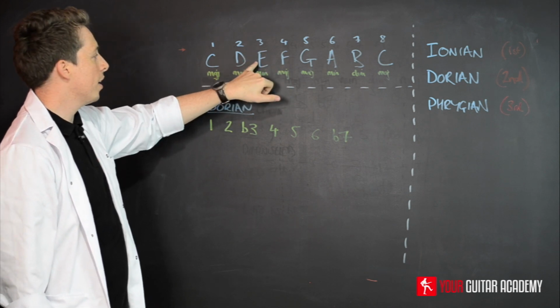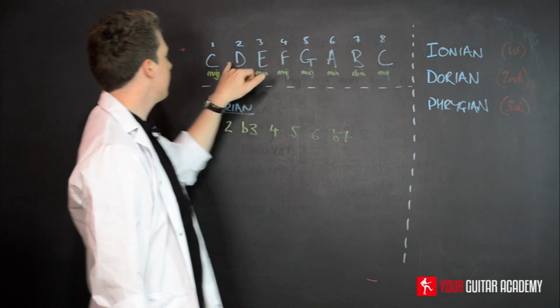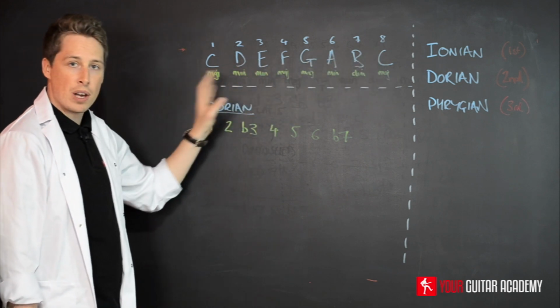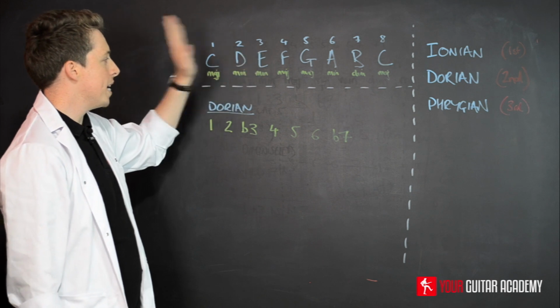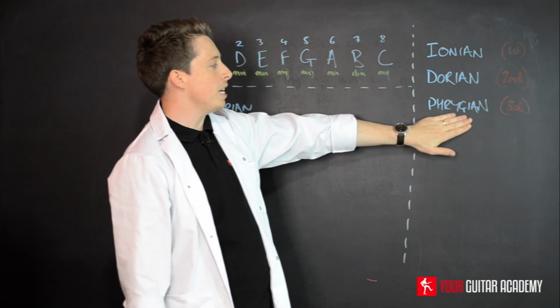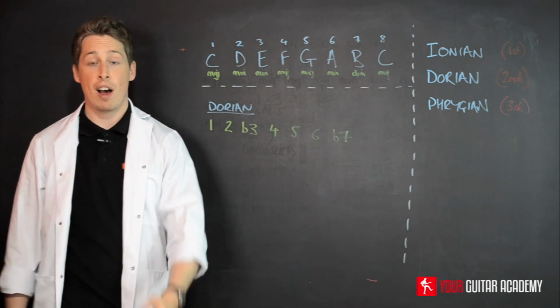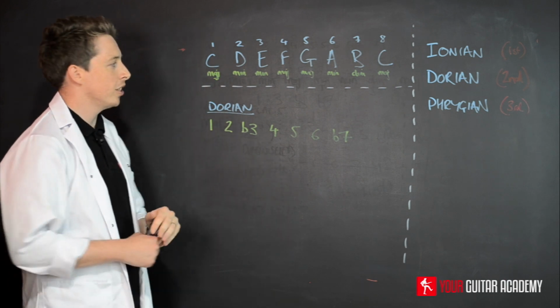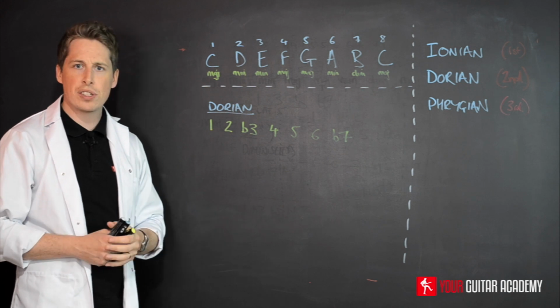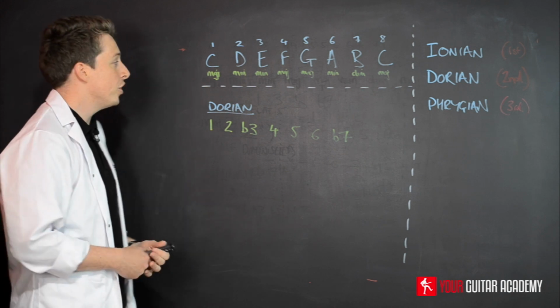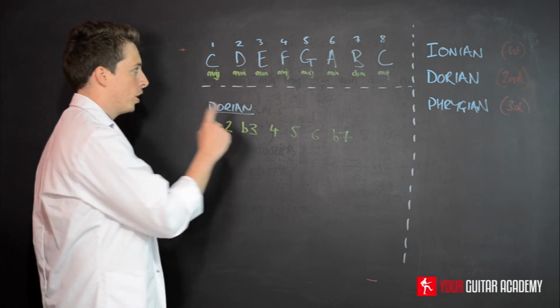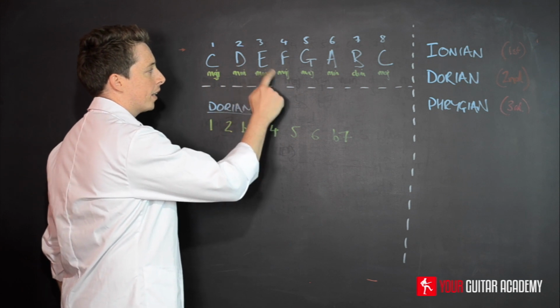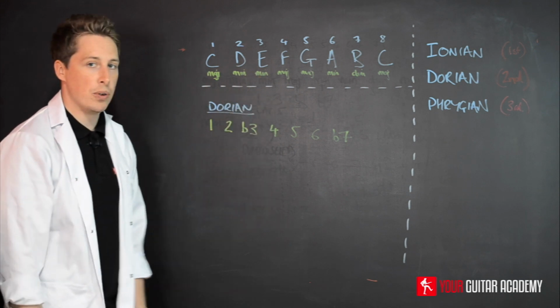And therefore, if you start on E, E, F, G, A, B, C, D, and E, if you play those notes in that order, starting from E, ending on an E, you'll be playing an E Phrygian scale, okay? So I'd highly recommend just doing that now. Just play it on the guitar, have a quick listen, and then go, okay, that sounds kind of cool. That's clearly different. And crucially, it should sound quite minor, okay? It should be a minor mode.